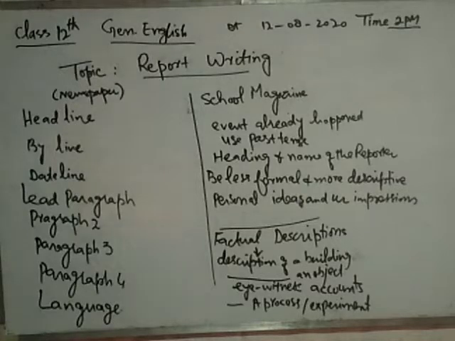Dateline. Dateline is the line with date and place of reporting. On which date you write the report and where from you write the report. Next is the lead paragraph or first paragraph.